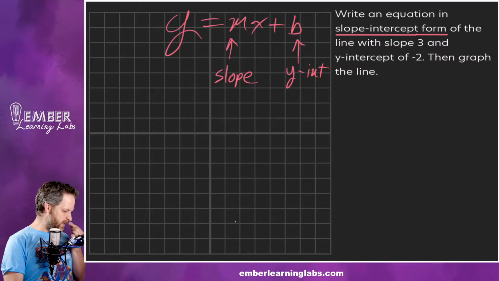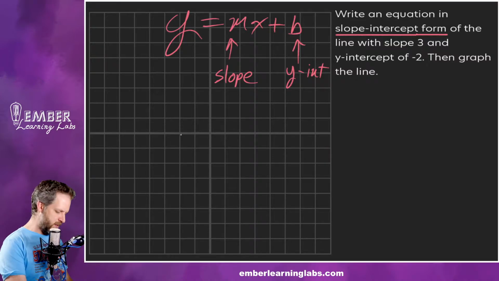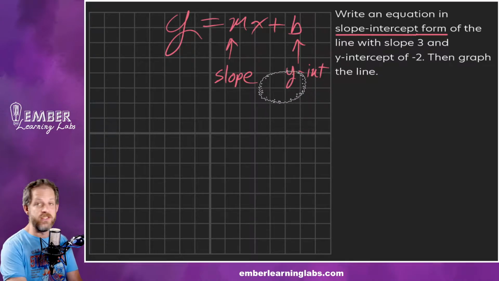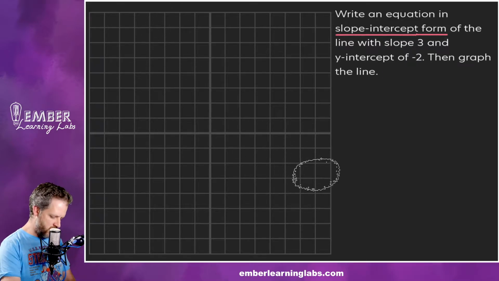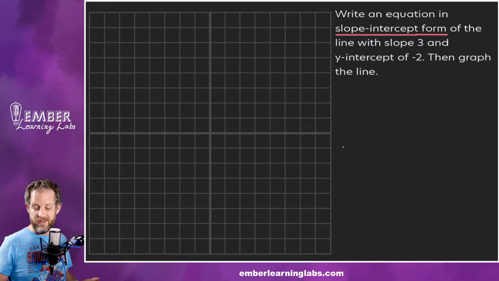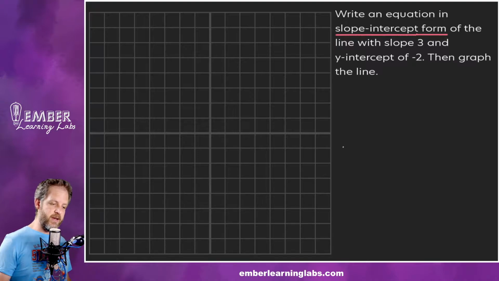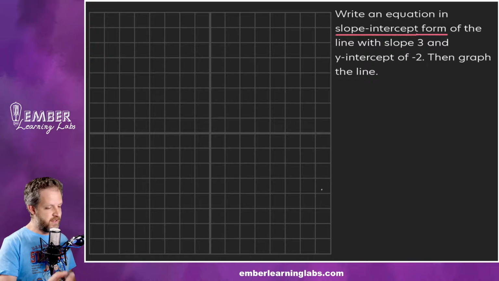Hopefully you've seen this before. If not, that is slope-intercept form. So let's look at what we're given. This first one is super easy because we're actually given the slope and the y-intercept. So all we have to do is plug those where they go.